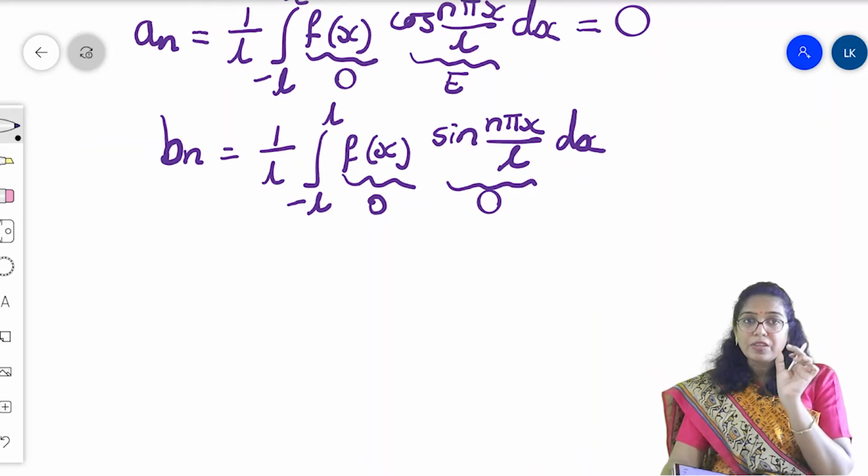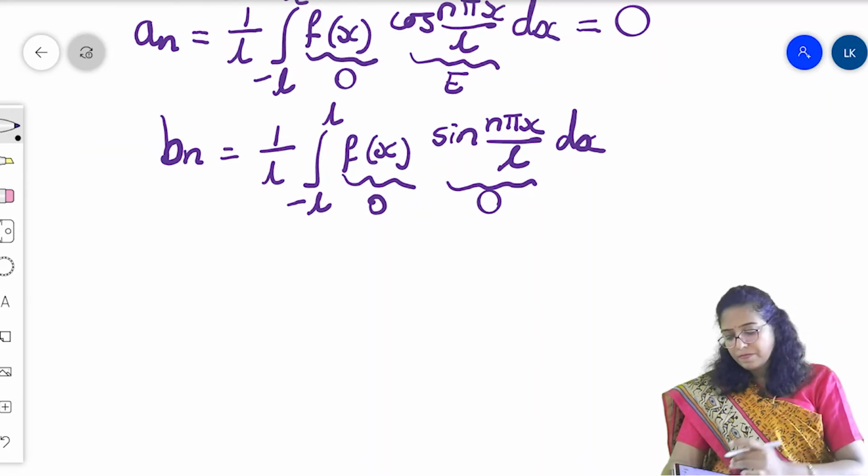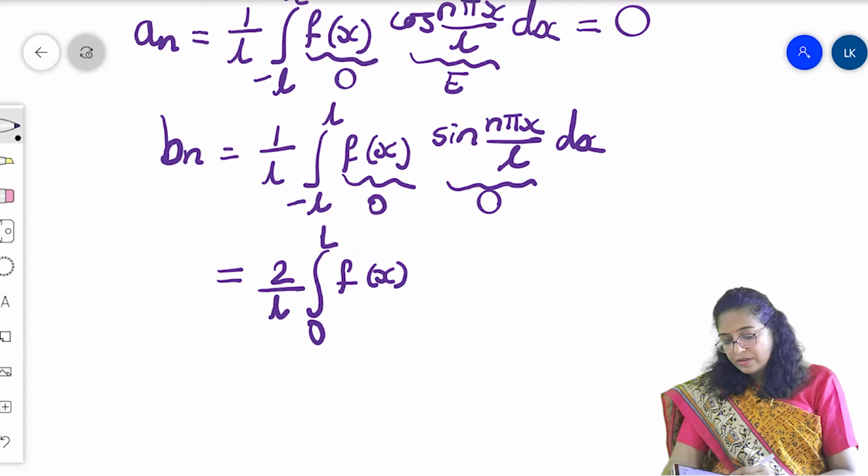Clear? Because we know that minus into minus is always plus, which means odd into odd is even. That means the value of the integral is 2 times the integral from 0 to L, remaining as it is. That means here f(x) sin(n pi x upon L) dx.